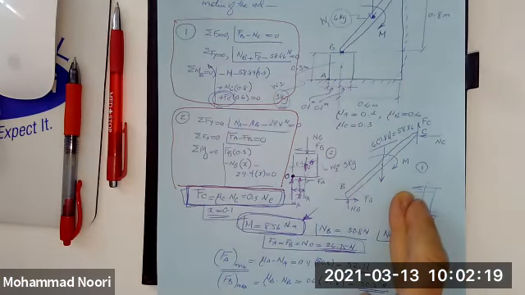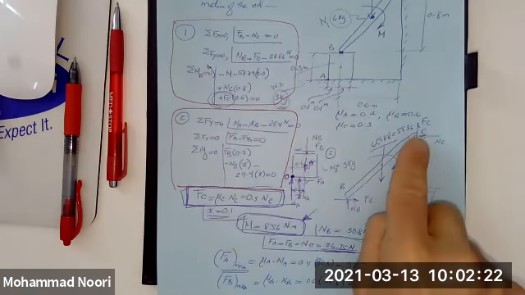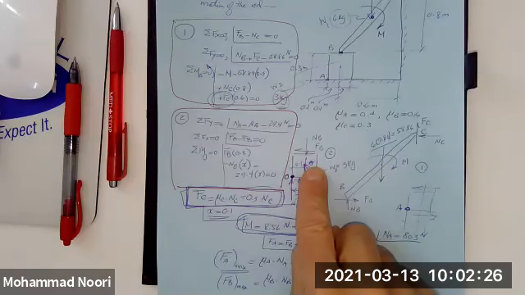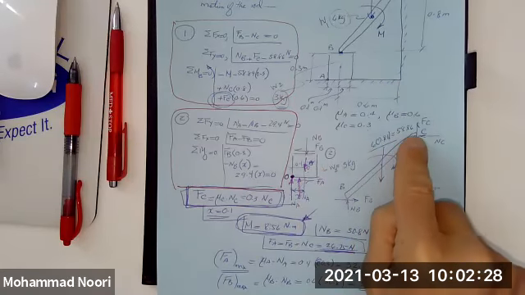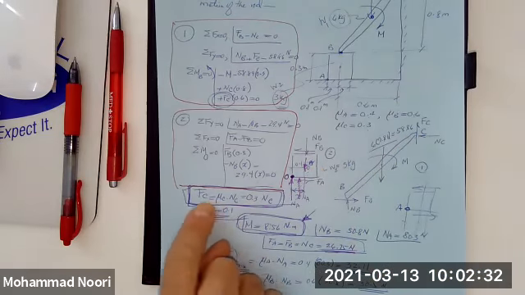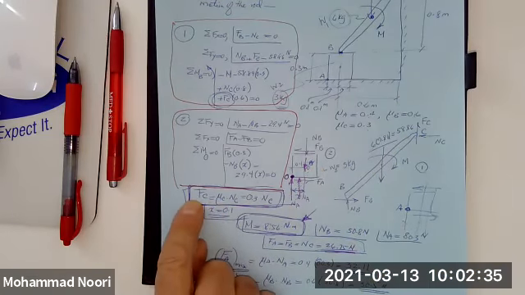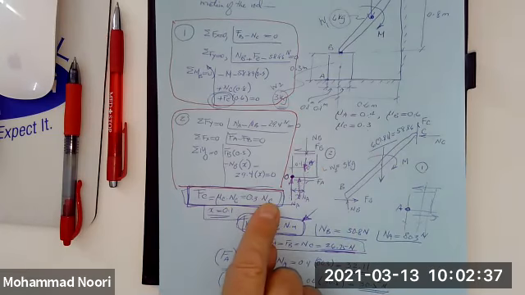That is a impending motion. So the maximum force that may generate at this point is this. So we have the value of FC related to NC.